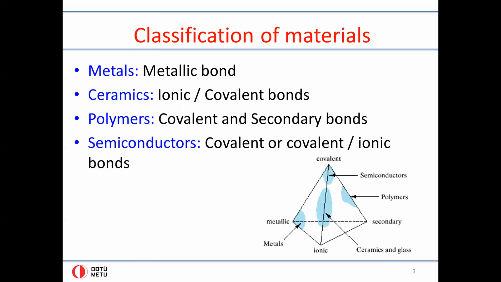Now, when you find any material in nature or in the artificial world, one method of classification classifies materials into categories that are referred to as metals, ceramics, polymers, and semiconductors.